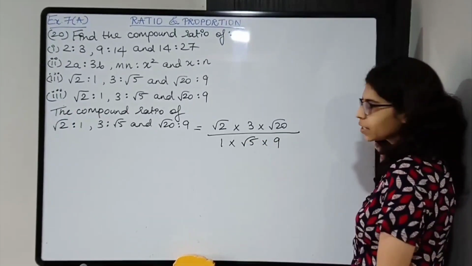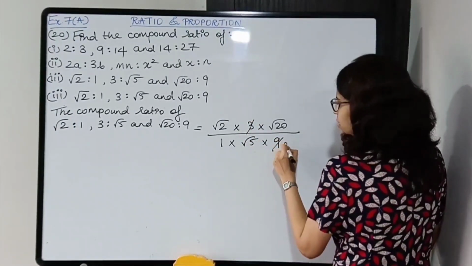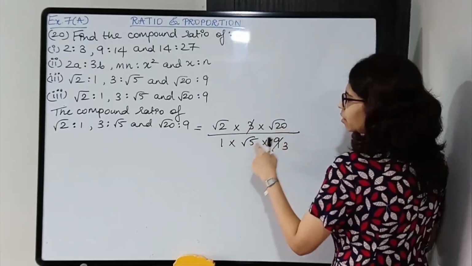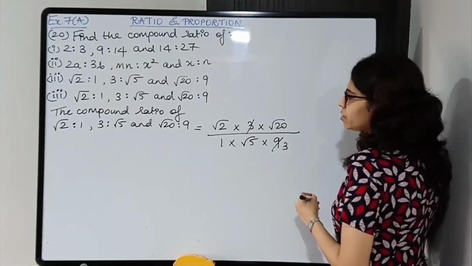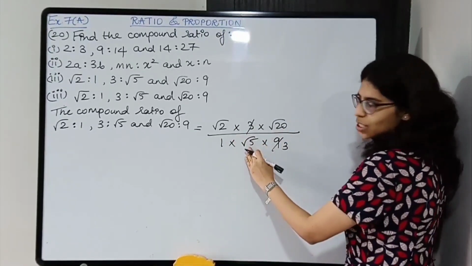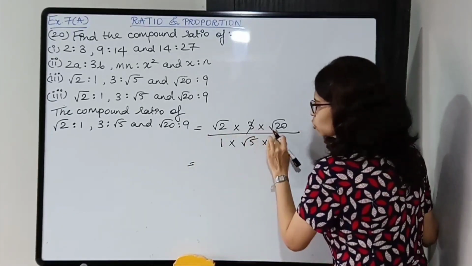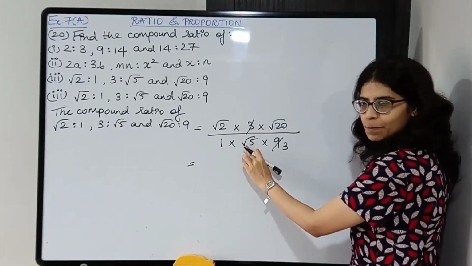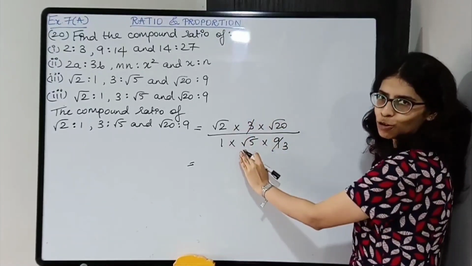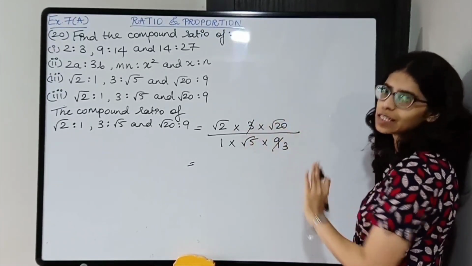Okay, now 3's are, and there are roots over here. So students, for this what I will suggest is, all are square root, so you can take common square root for all. Okay, and then do the cancellations.